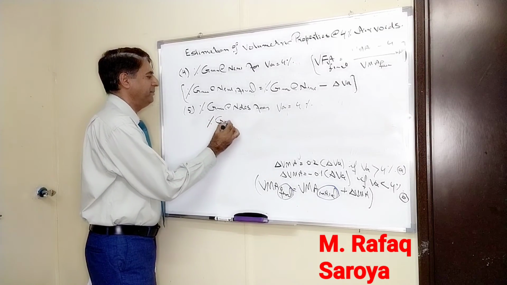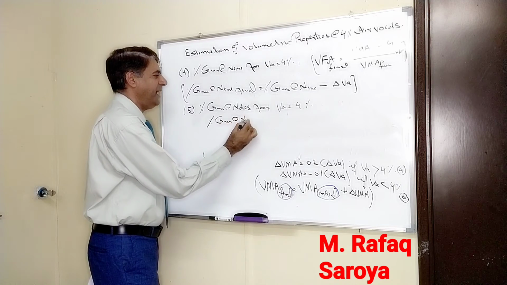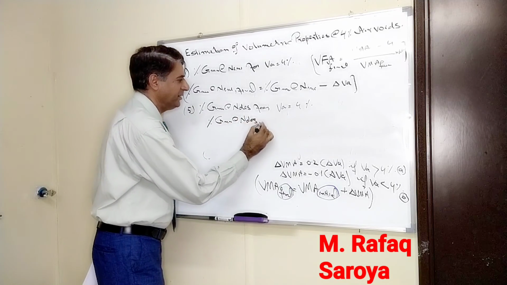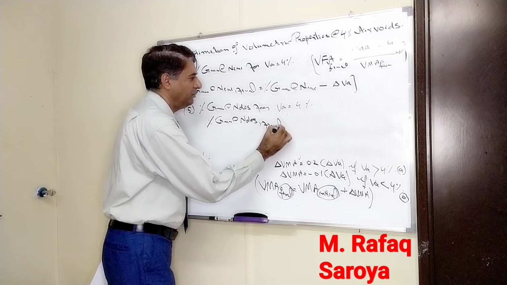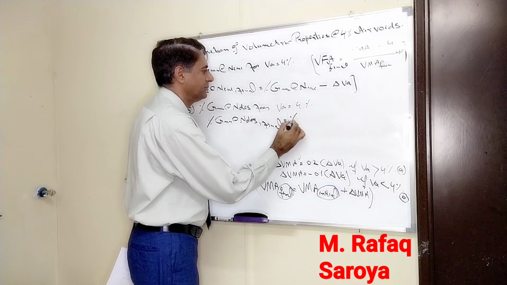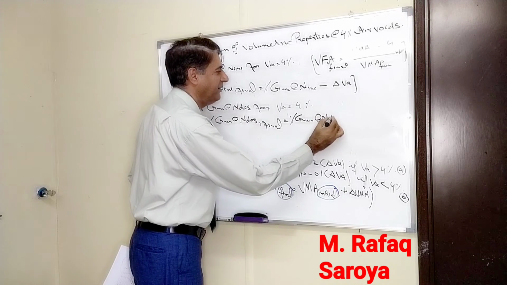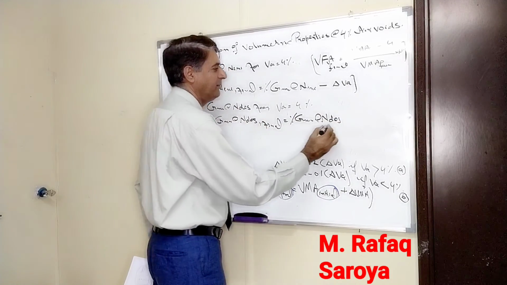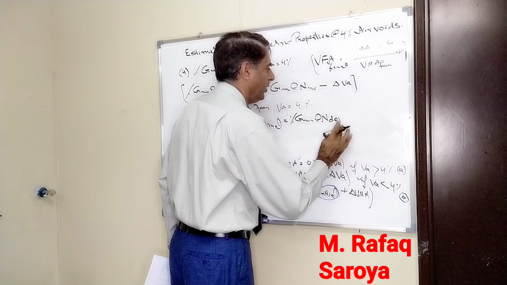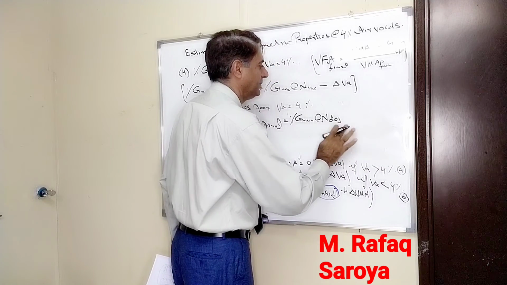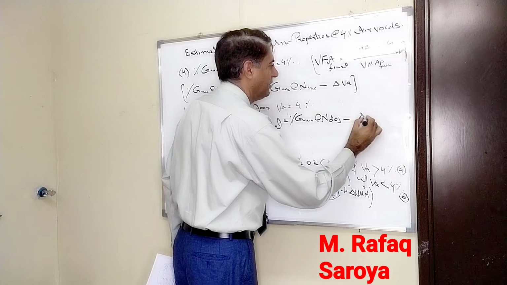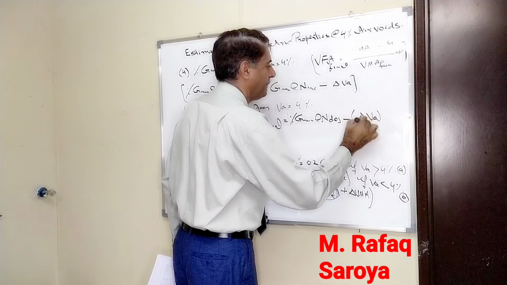Percentage GMM at N design final would be equal to percentage GMM at N design initial minus delta VA.